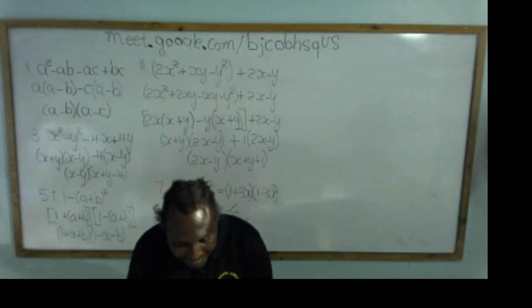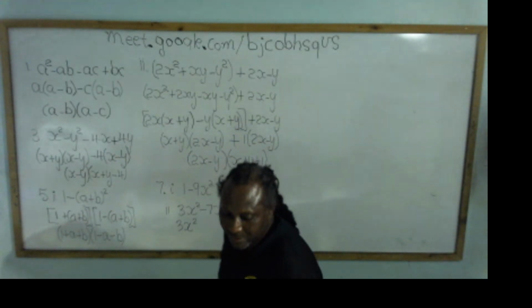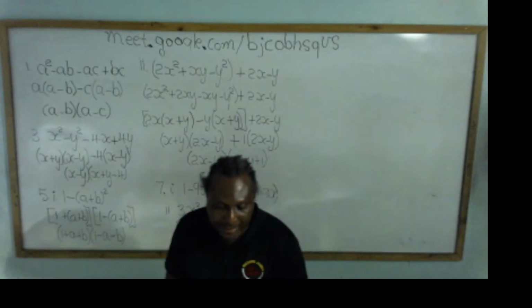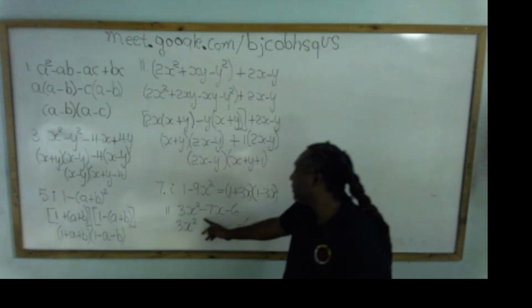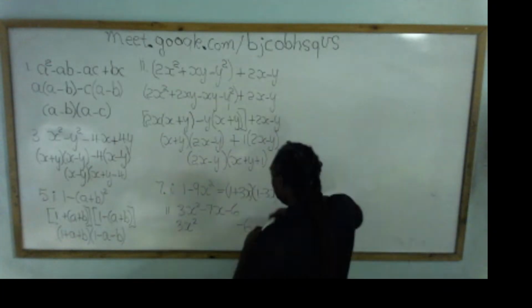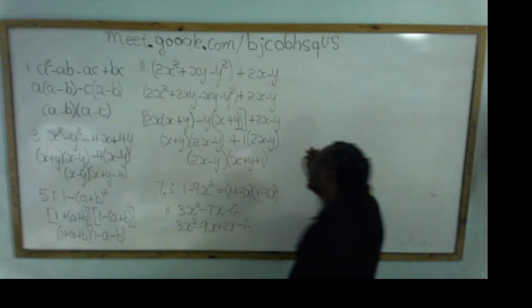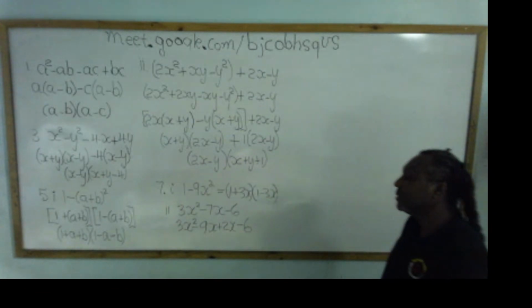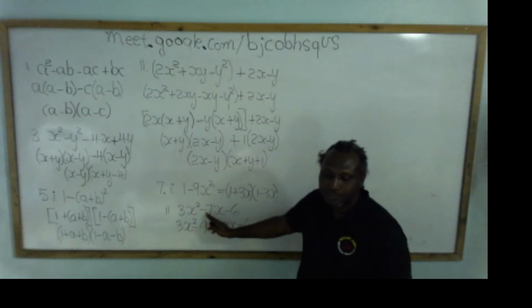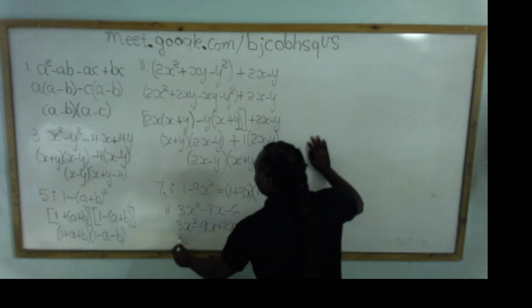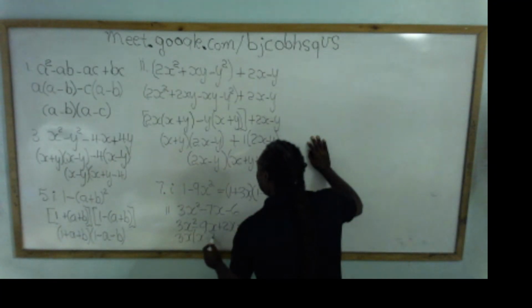I see one of them saying negative 9 and a positive 2. The larger one must be negative. It surely is negative 9x plus 2x. Why? Because the answer will take the same sign as the larger. And then we're going to factorize by grouping. 3x is the common factor, x minus 3.